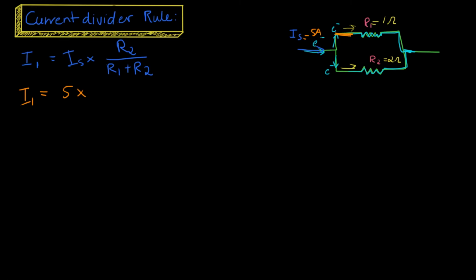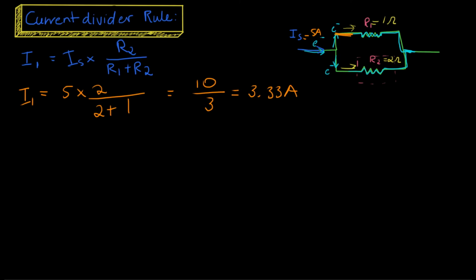So if I'm looking for the current through the branch of R1, then in my formula on top, I use the other resistance, which in this case will be R2, which has a value of 2 ohms. So it'll be 2 over the sum of the two, which will be 2 plus 1. Now that equals 10 on 3, or 3.33 amps.